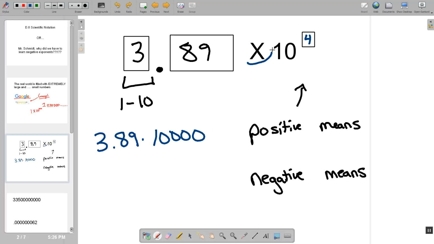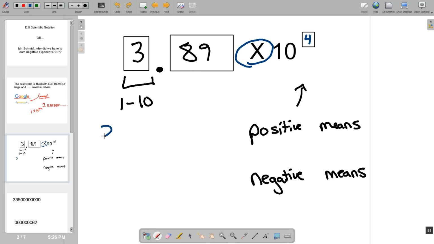Now, if you notice there's an X here for multiplication, that's because this is now a science topic. As a math teacher, I use a dot, but all science teachers are going to use an X. You can use either. So if we had the number 3 and 89 hundredths times 10,000, we're actually going to be moving the decimal point to the right 4 times. So scientific notation is a shortcut.